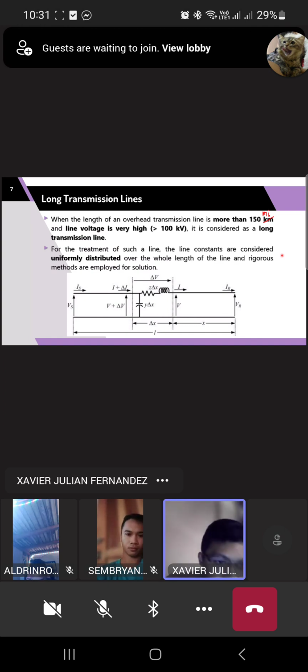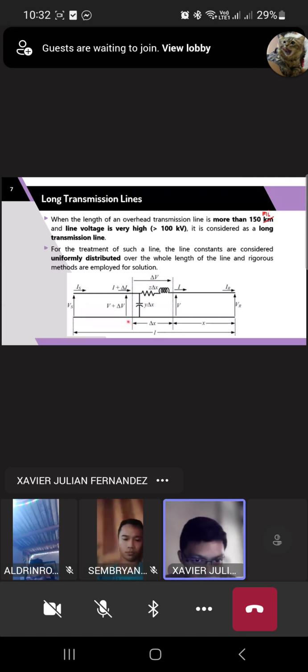So let's say we have a long transmission line where the length is L. We segment it into, let's say, X, from this point to this point. The very small representation of that we call delta X or dx.